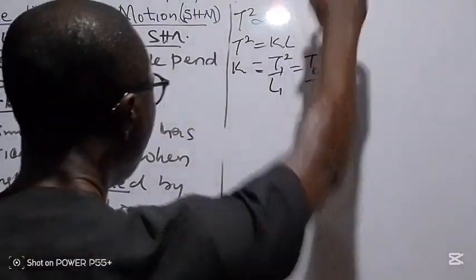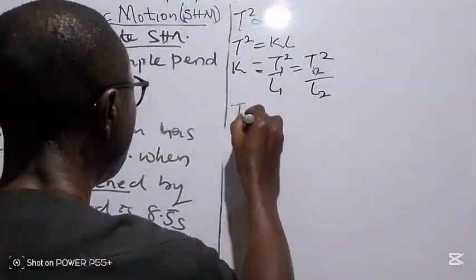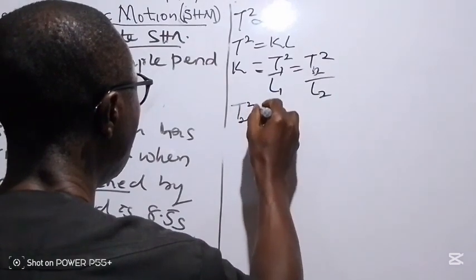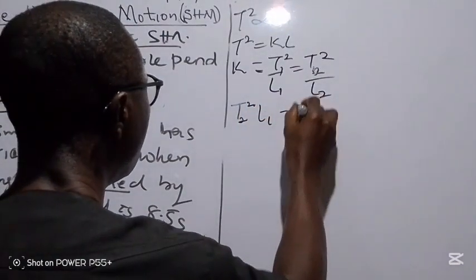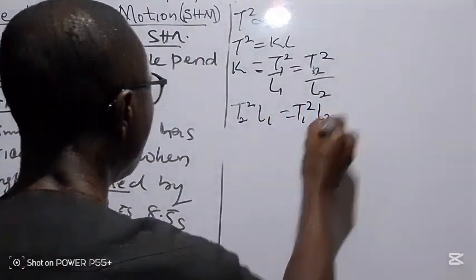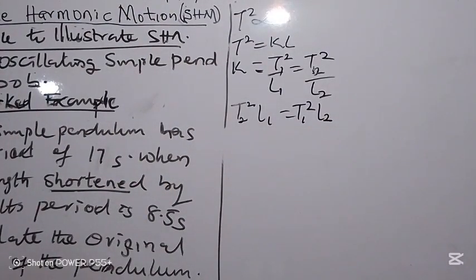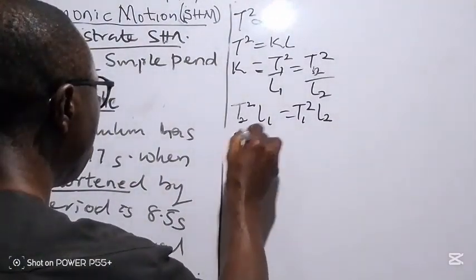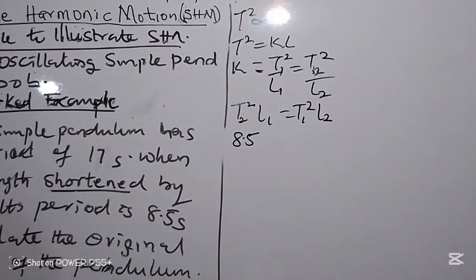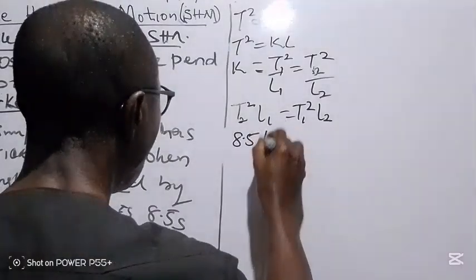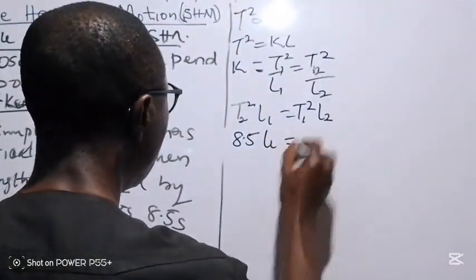Now cross multiply, we are going to have T2 squared L1 equal to T1 squared L2. The value of our T2 here is 8.5. And our L1, according to the question, is what we have to calculate.